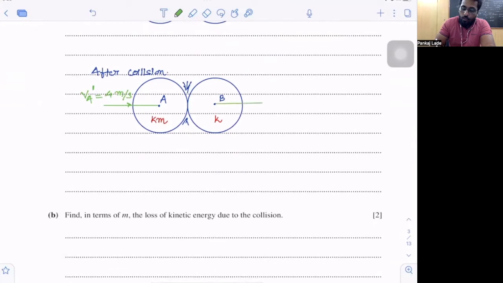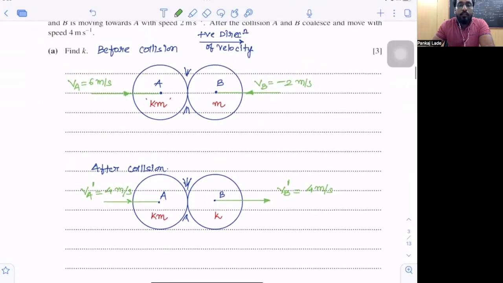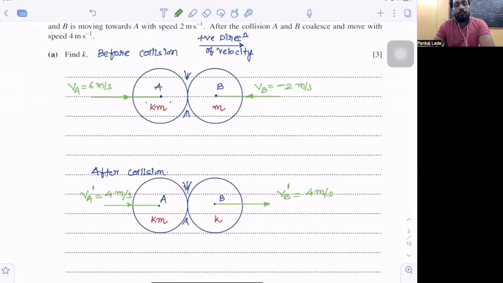And VB also moves in the same direction now, in the direction of A. They are both uniting with each other and they both move in the same direction now. So this is VB1, the velocity after collision. So that's again 4 meter per second. VA1 and VB1 both are moving in the same direction with a velocity of 4 meter per second.